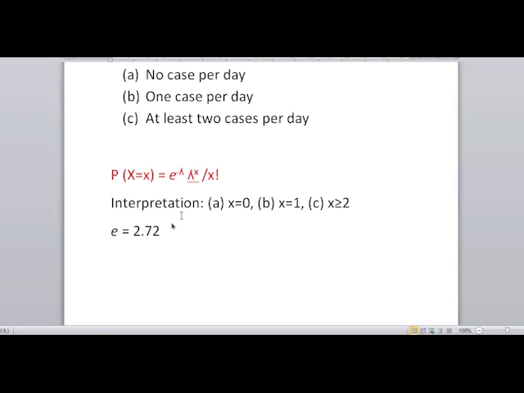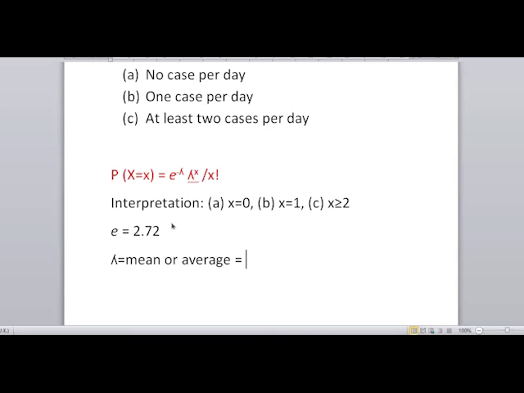So we insert the symbol. Lambda is equal to mean or average. Do you see an average in the question? Anywhere where it's written average? Yes, sir, 5. So per day they receive an average of 5 emergency cases.